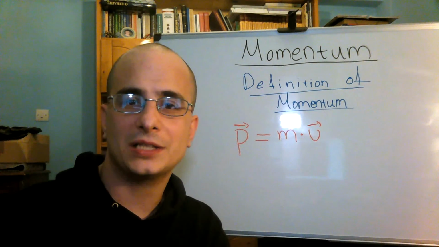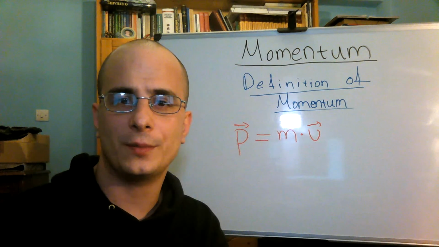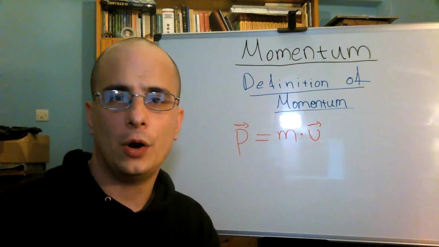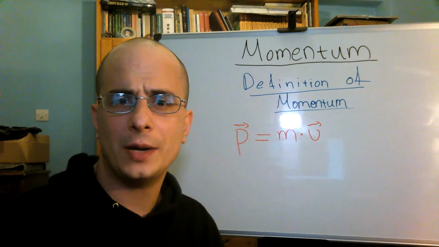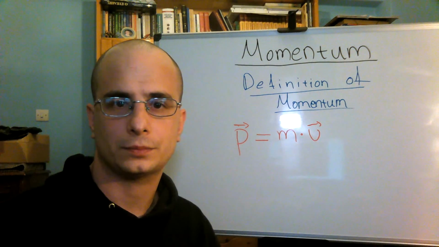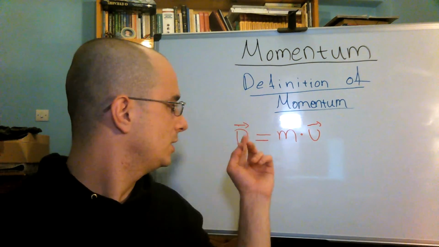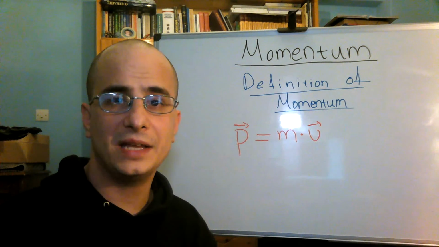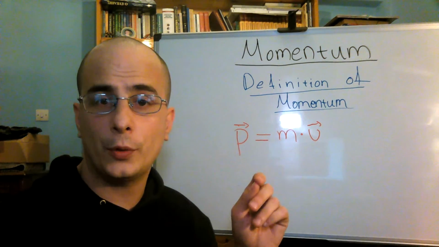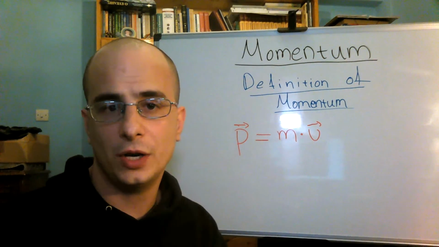Now let's pass to the definition of momentum. In physics, we use the mathematical formula that is written on the whiteboard in order to describe the concept of momentum. As you can see on the whiteboard, momentum is a vector quantity and equals the product of mass and velocity.